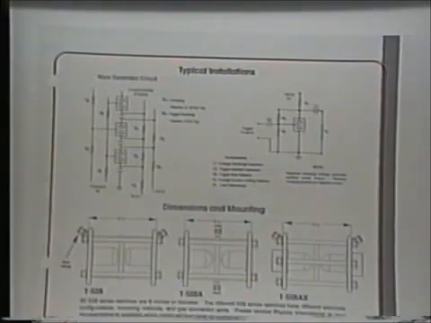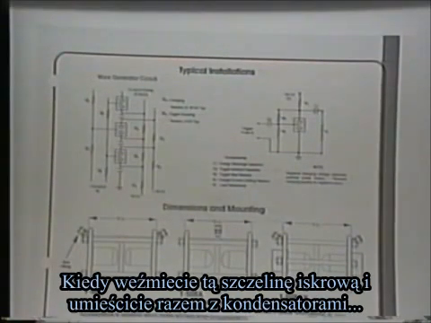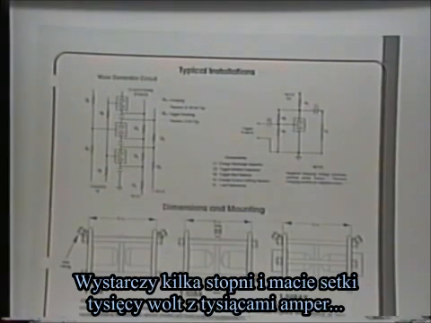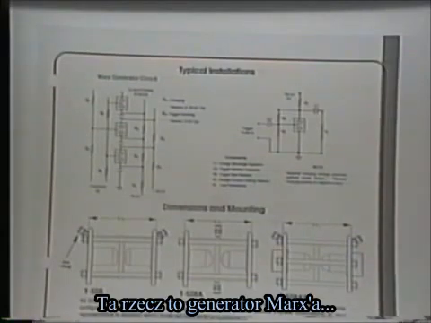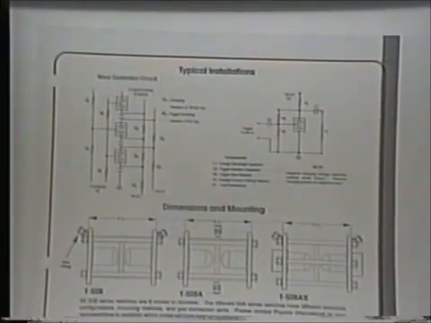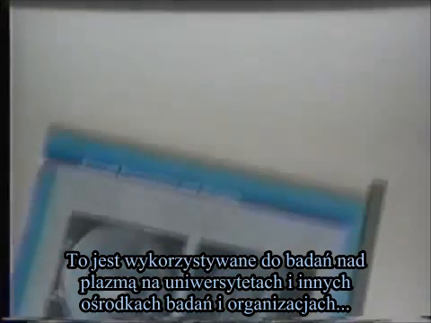The deal here is that spark gap that we just saw, and when you take this spark gap and put it with capacitors, just a few stages, you're into hundreds of thousands of volts with thousands of amps. The thing's called a Marx generator, and they're used in plasma studies by universities and other sorts of organizations.